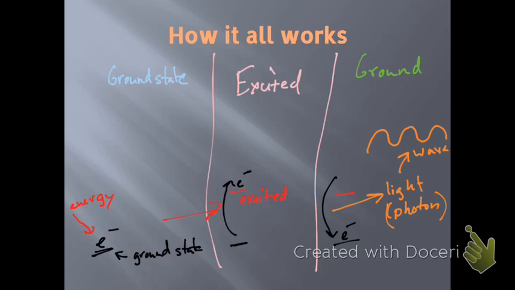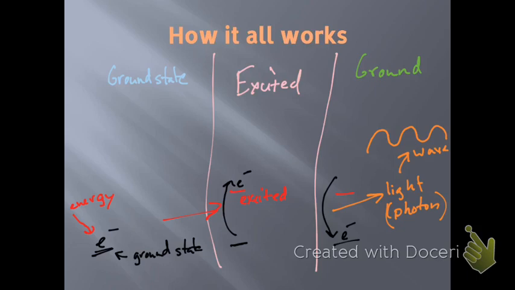Here I have orange, so it might give off an orange color. If it has a longer wavelength, it might be more towards red. If it has a shorter wavelength, it'll be more towards blue, indigo, and violet. The color it gives off actually tells you the amount of energy it gives.